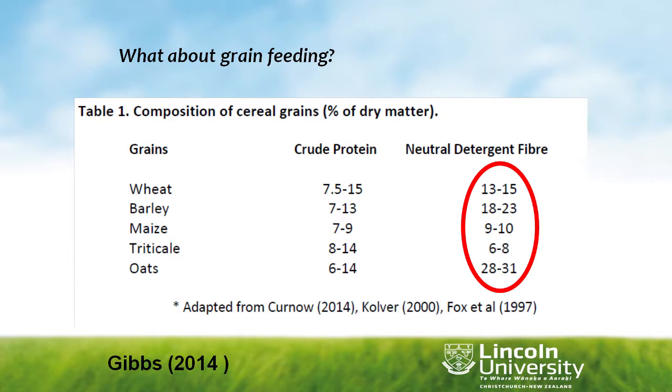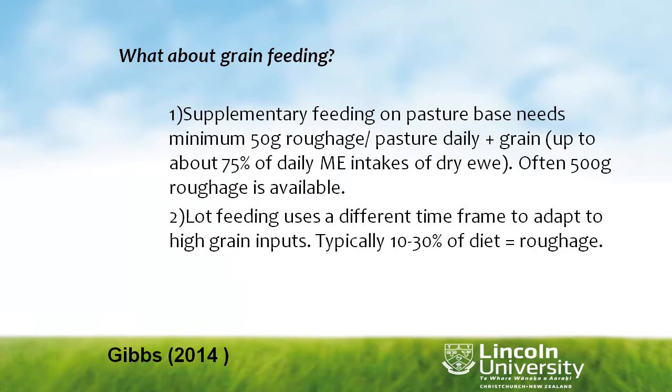Two types of grain feeding, which we haven't got time to say an awful lot about. In one, there's a supplementary feeding that happens as an adjunct to pasture use. And in those cases, there's good information, a lot of it actually from Australia, further north of you here, looking at what the minimum amount of roughage is that's required if you're feeding standard grains. Usually these aren't production feeding situations at their hard edge, they're survival situations. In short, the minimum amount of roughage can be very small.